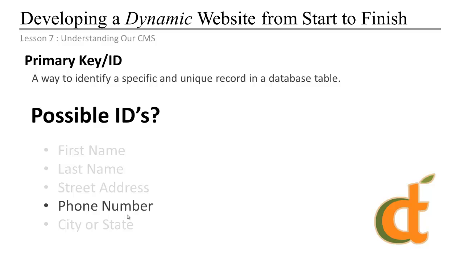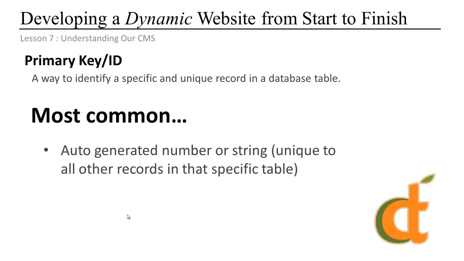But the most common outside of that is an automatic generated number or string. You'll find once we start making databases that you can pretty easily set it up to automatically give each record an ID number, and it will just pretty much automatically insert that.